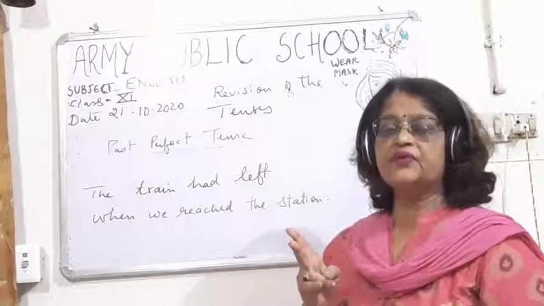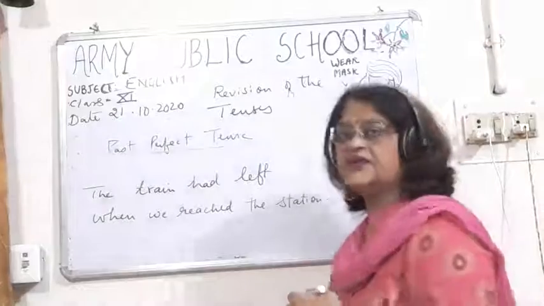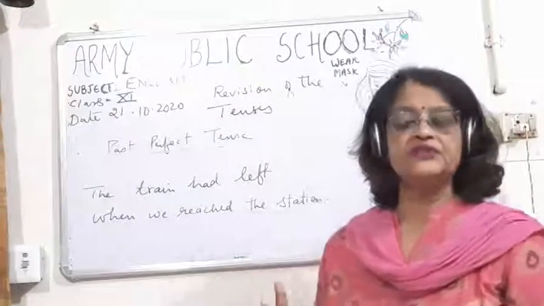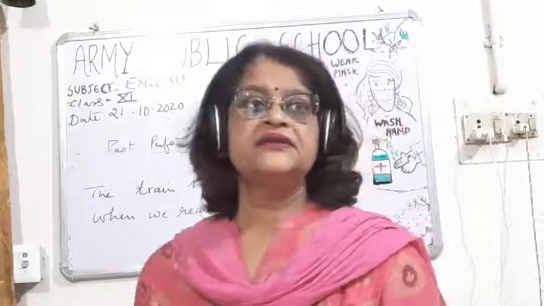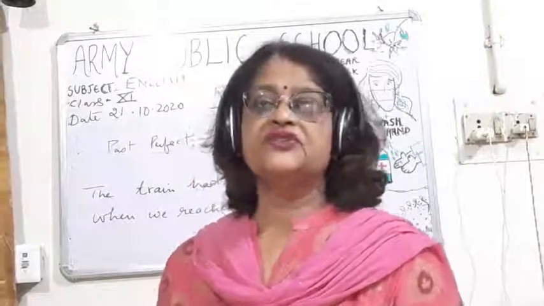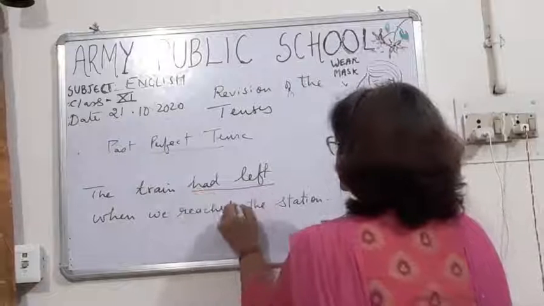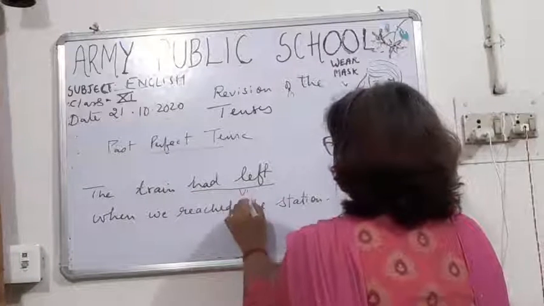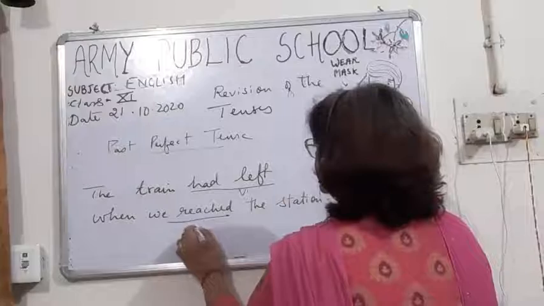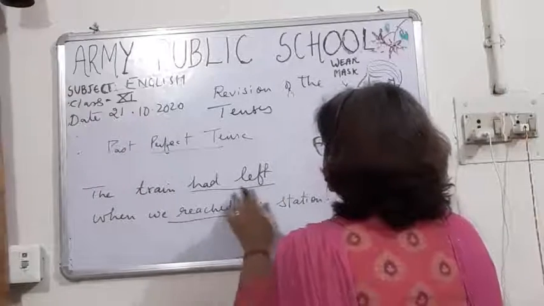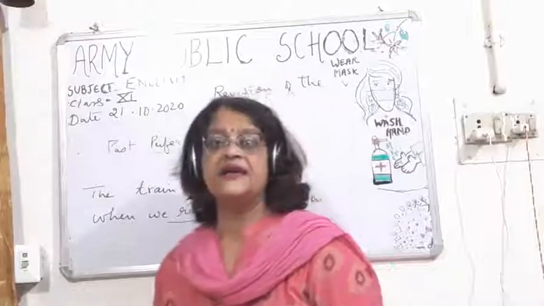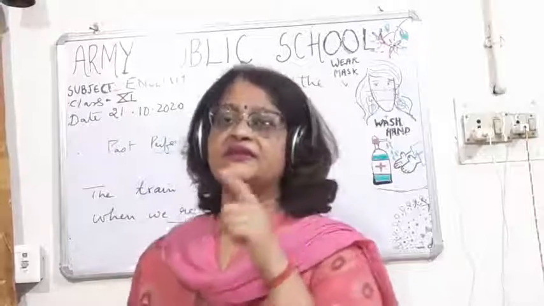Which word tells us the action? It is the verb which tells us the action. So here two verbs are there. One is had left, this is the main verb, and this is another verb. The train had left when we reached the station.